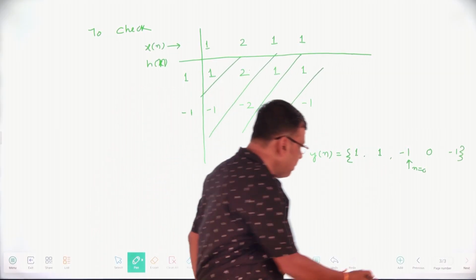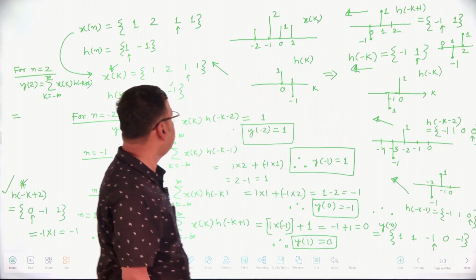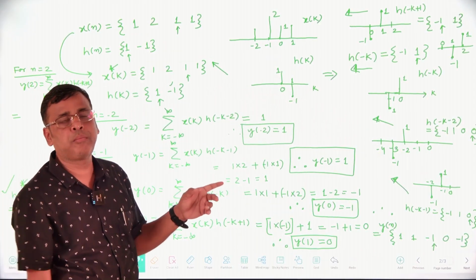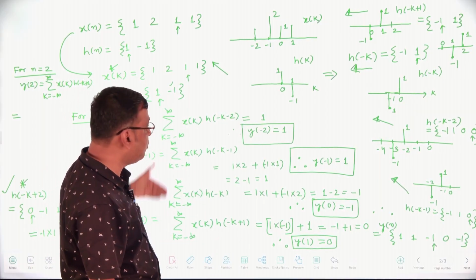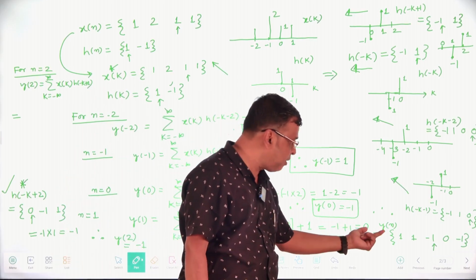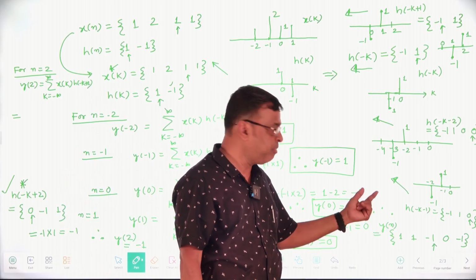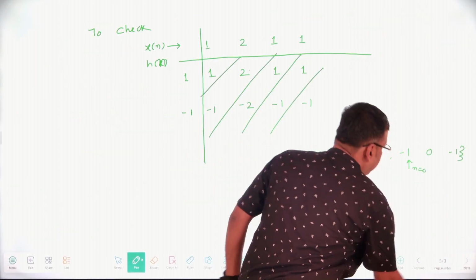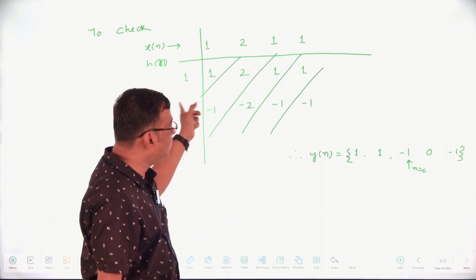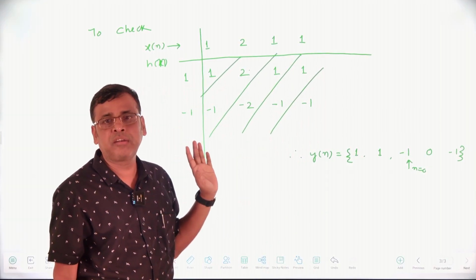But in the step-by-step procedure, using the convolution sum formula, x of k into h of n minus k, k equal to minus infinity to infinity, for different values of n, we have already calculated y of n. Using this method, you can check whether your answer is right or wrong.